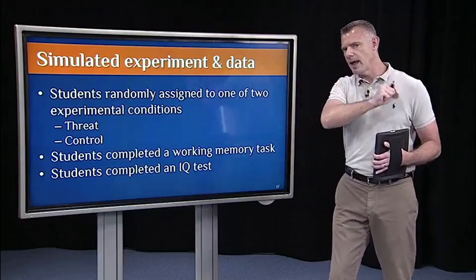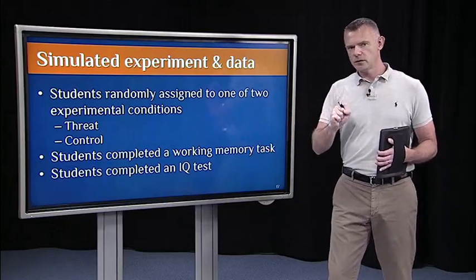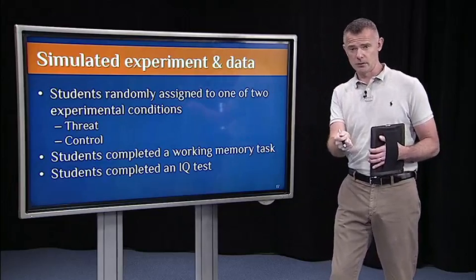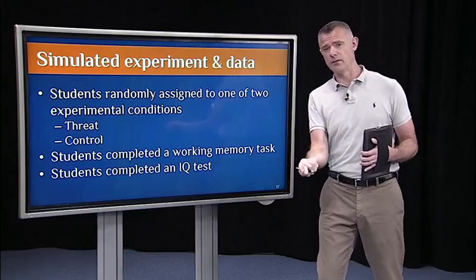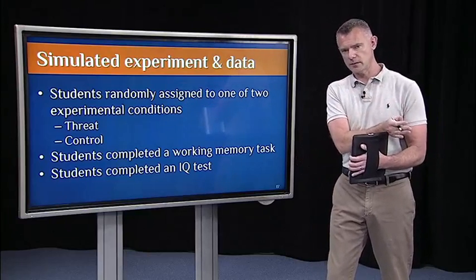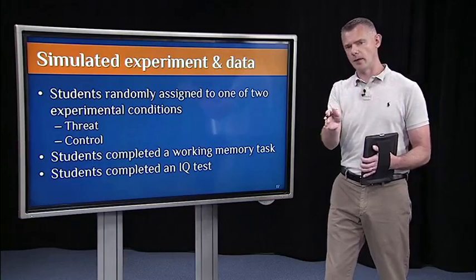Importantly, because in the last lecture we covered moderation, here the students are performing the working memory test after the threat manipulation. So it's assumed that the threat effect will also affect working memory performance, whereas in the previous examples, we were measuring working memory before the threat.